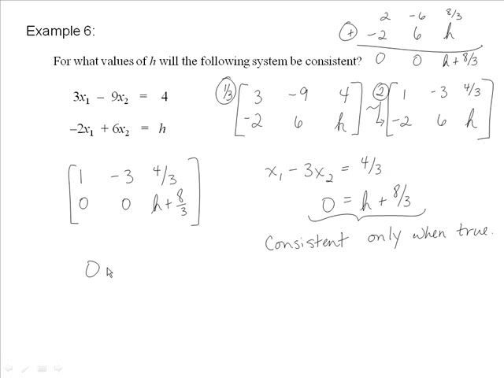So to do that, I'll rewrite my equation, and to solve I subtract 8/3 from both sides, and I end up with h equals -8/3. So that means that this system is consistent only when h equals -8/3.